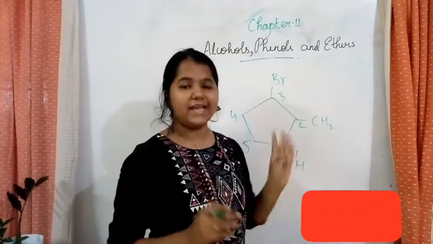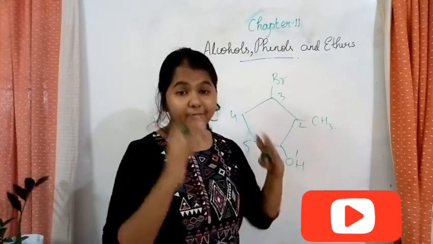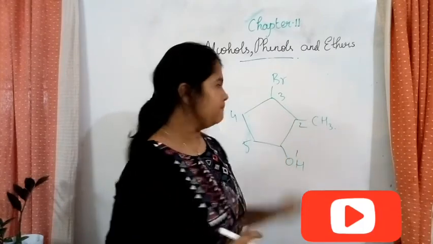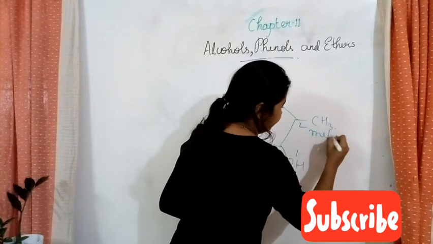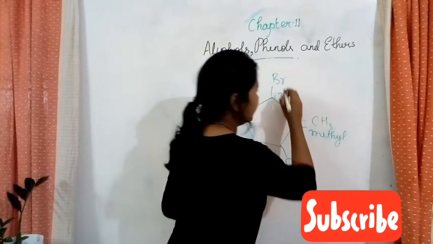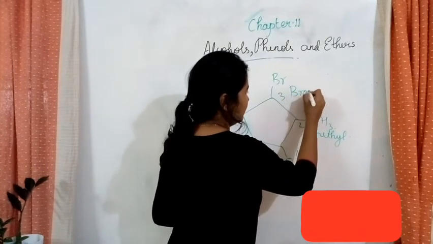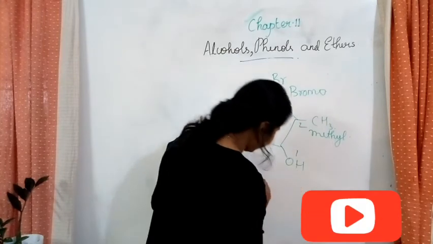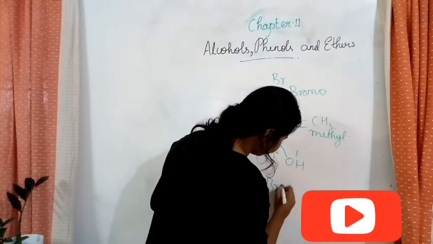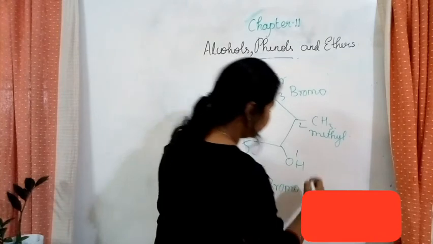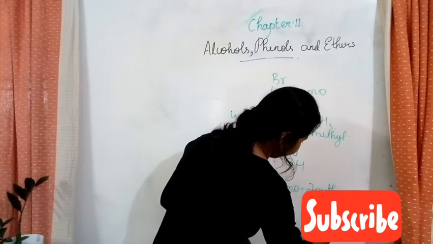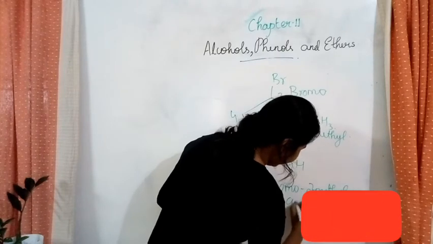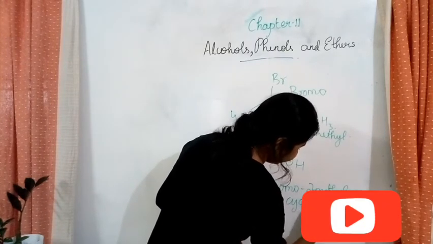The naming goes the same way for alphabetical order which we did for the phenol. So, over here this is methyl. Okay, we'll write it. Methyl. This is bromo. So, how will you write? 3-bromo, 2-methyl, cyclohexanol.